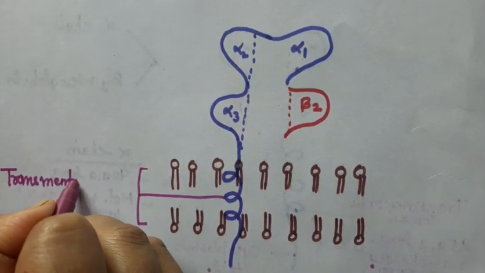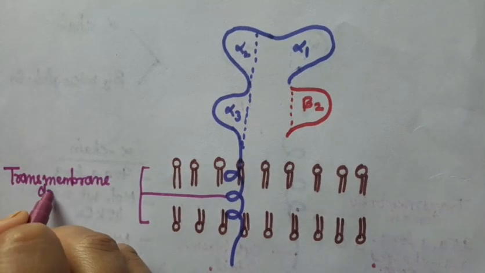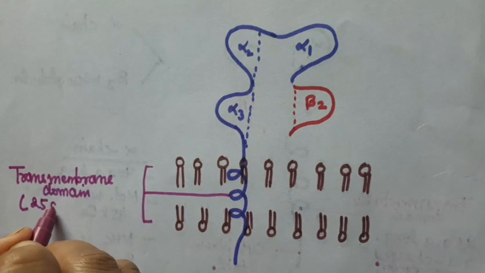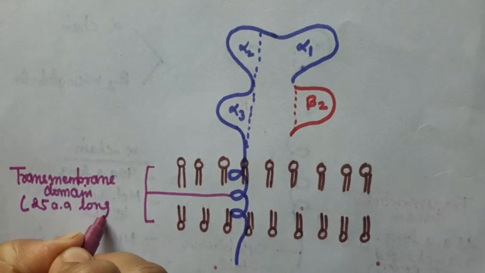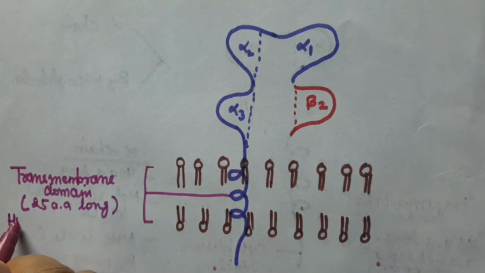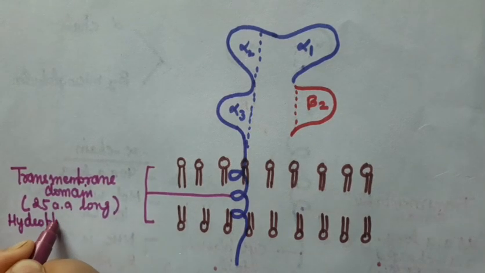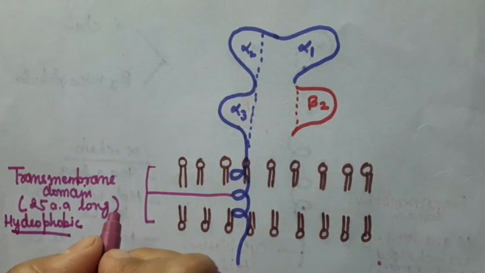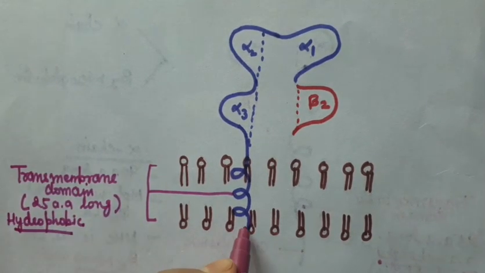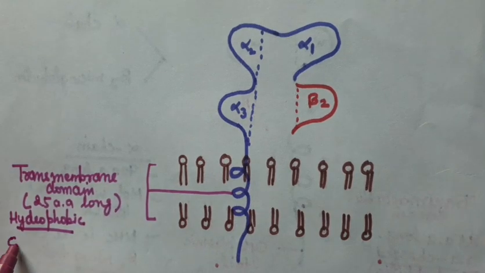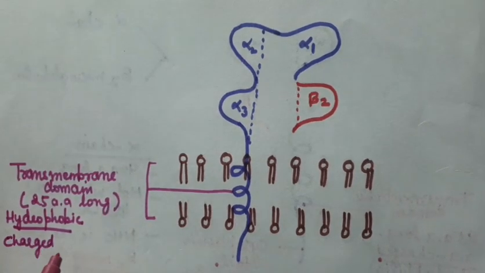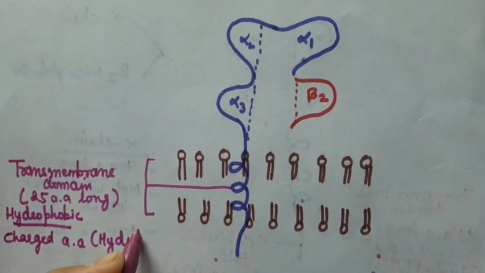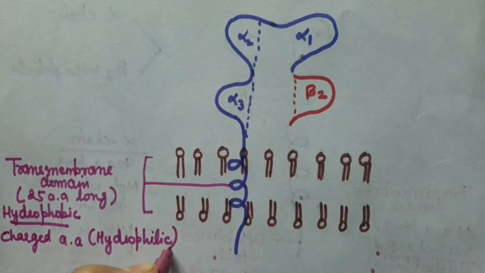This transmembrane domain is about 25 amino acids long and is hydrophobic in nature, right? It is followed by a stretch of charged amino acids which are hydrophilic in nature.